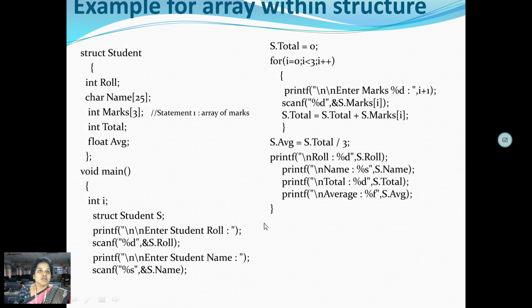A student can have three subjects, where each subject has marks. So s.marks[i] means the marks of the first subject of a particular student s, and the marks of the second subject of that student, and so on.